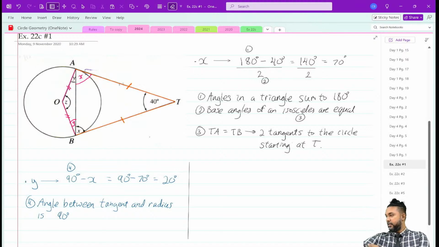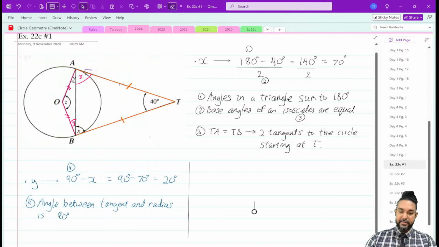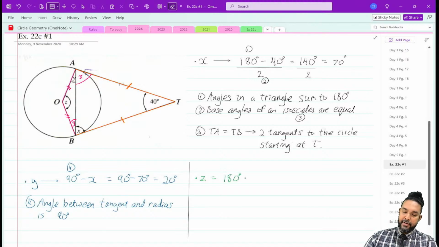All right. Let's take a look at angle Z now. Z is also a kind of easy one. We know that that's 180 degrees minus 40 degrees, which is equal to 140.